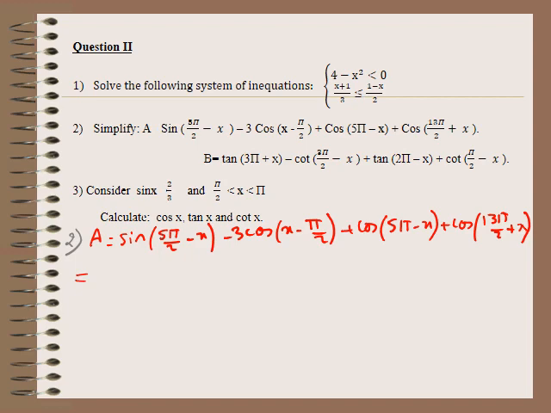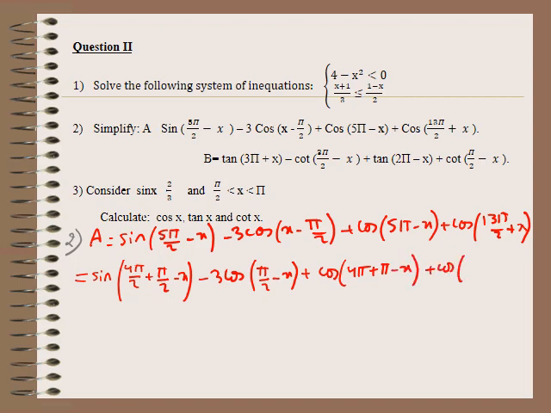First, 5 pi over 2 is 4 pi over 2 plus pi over 2, minus x, minus 3 cosine of pi over 2 minus x, plus cosine of 5 pi, which is 4 pi plus pi minus x, plus cosine of 12 pi over 2 plus pi over 2 plus x.